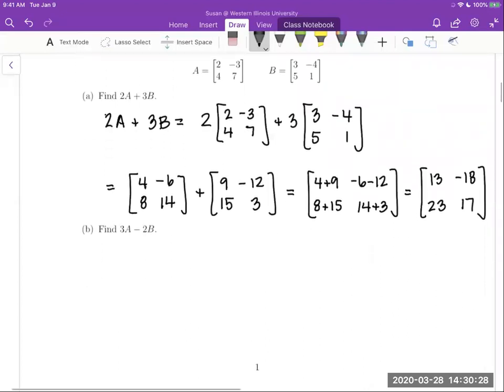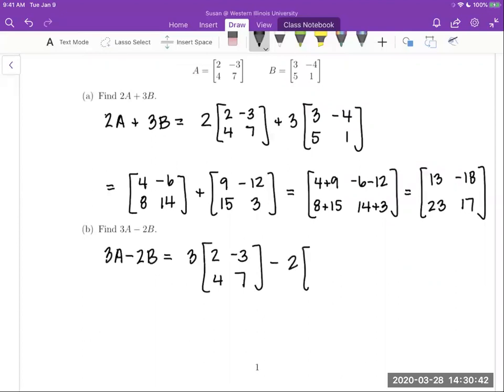Similarly, we can do subtraction. 3A minus 2B is going to be 3 times the matrix 2, negative 3, 4, 7, minus 2 times the matrix 3, negative 4, 5, 1. So this is 6, negative 9, 12, 21.